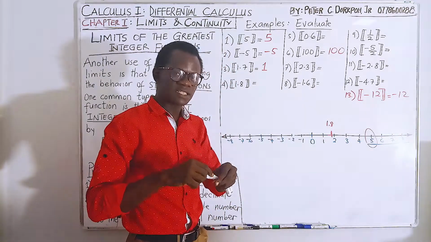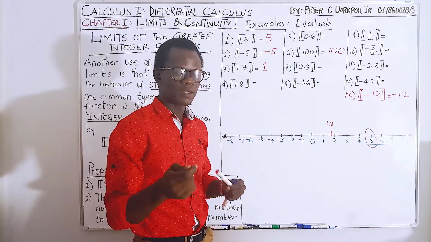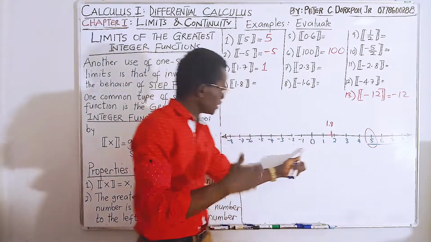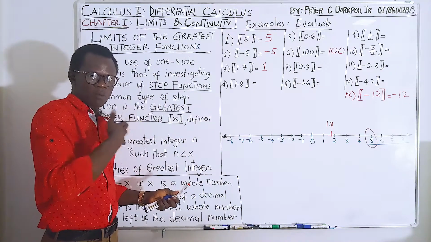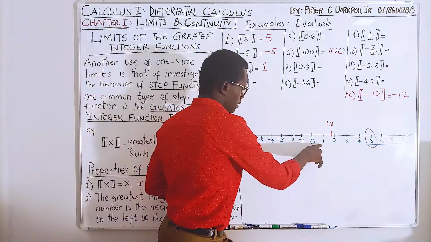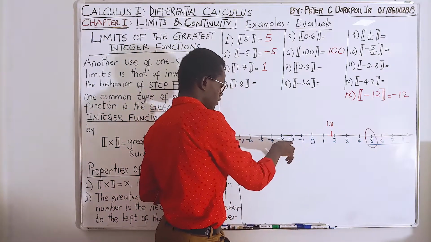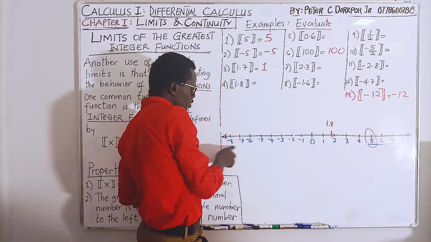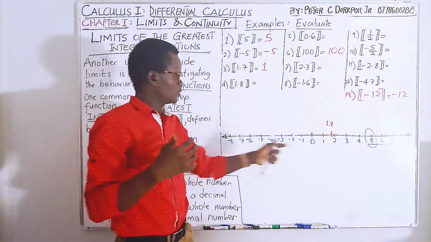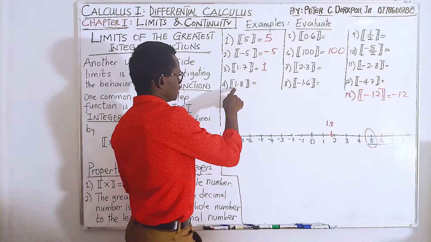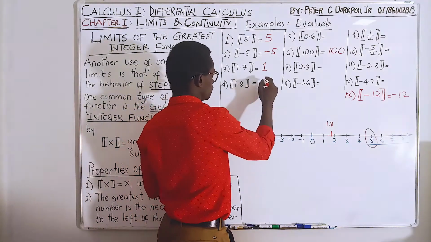Mind you, 1.8 is not an integer, it's a decimal number. So let's look for integers that are less than 1.8. You have 1, you have 0, you have -1, you have -2. Of all of these integers, which one of them is the greatest? 1 is the greatest. So the greatest integer of 1.8 is just equal to 1.